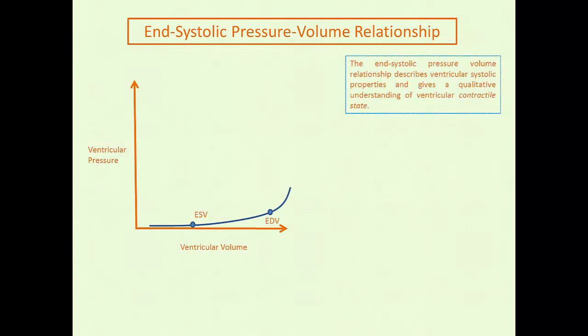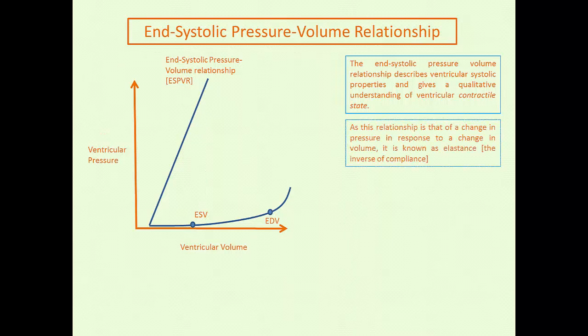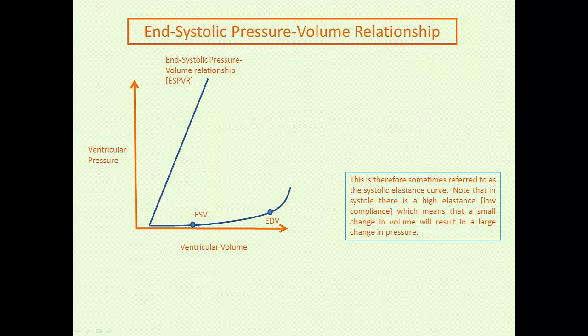So now let's talk a little bit about the end-systolic pressure-volume relationship. And this gives us a qualitative understanding of the contractile state of the LV. So this is the end-systolic pressure-volume relationship here, and this is the end-diastolic, which we just looked at. It's sometimes referred to as the systolic elastance curve, for reasons I've already discussed.